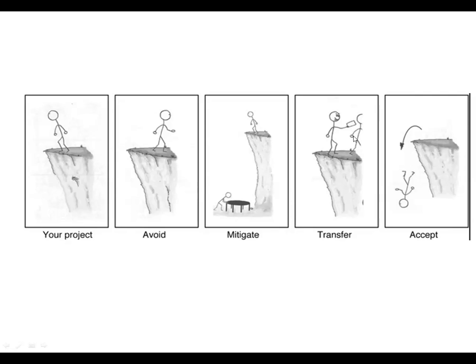You are giving some money to another person and asking that person to go over the cliff rather than going yourself. And acceptance is, without doing anything, just jumping off the cliff. You should have some backup plans and reserves to resolve or repair the harm or damage caused by this risk.